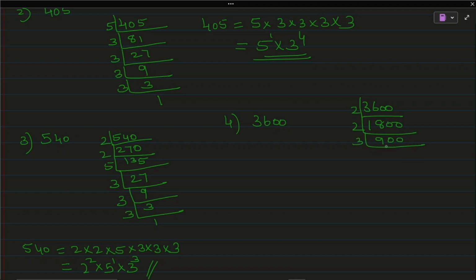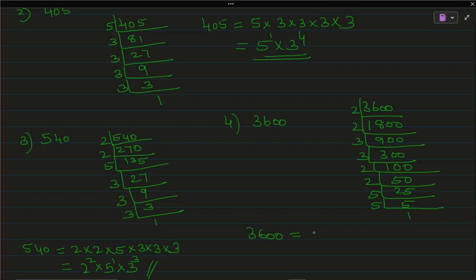Now with the 3 also you can do, that is 300. Again with the 3, that is 100. Now 50, 25. Now with the 5, 5, 1.